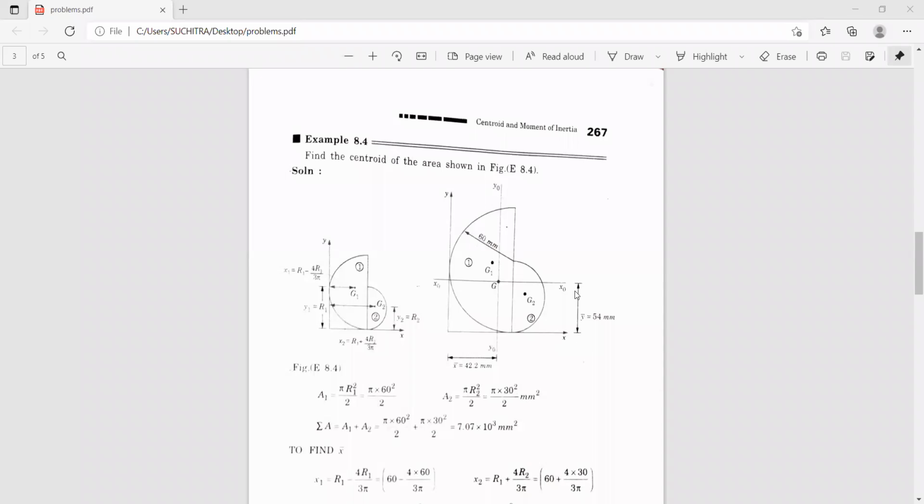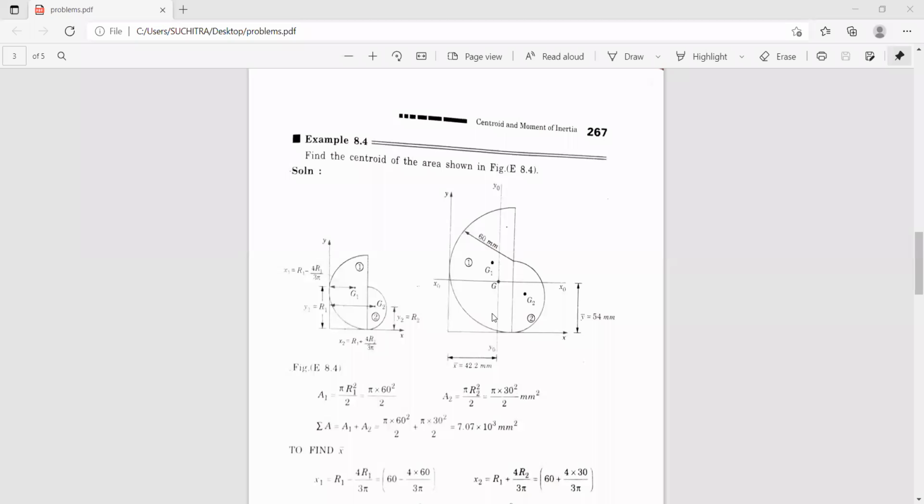Now here we have two semicircles, and we have already discussed in the previous class how to locate the centroid of a semicircle by the method of integration. That is, x bar is equal to 4r by 3 pi when the semicircle is symmetrical about the x-axis.